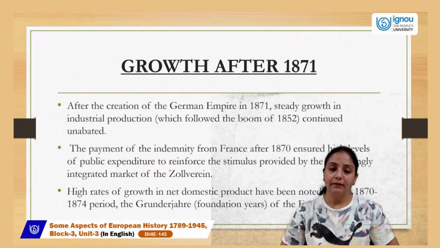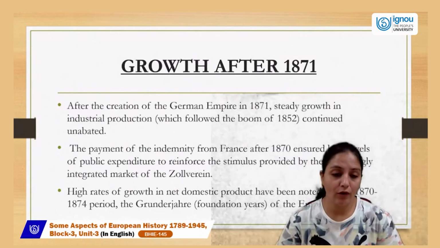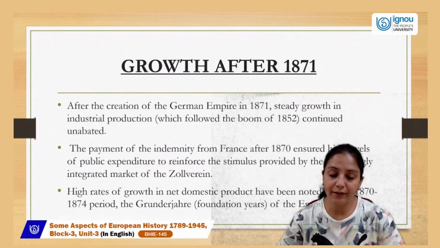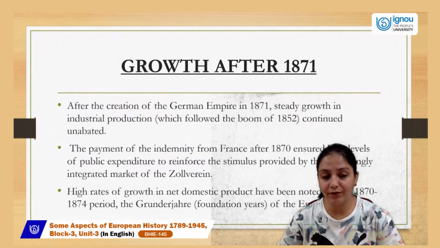They wanted to expand the market system in Zollverein. High rate of growth in net domestic product have been noted for the 1870 to 1874 period.